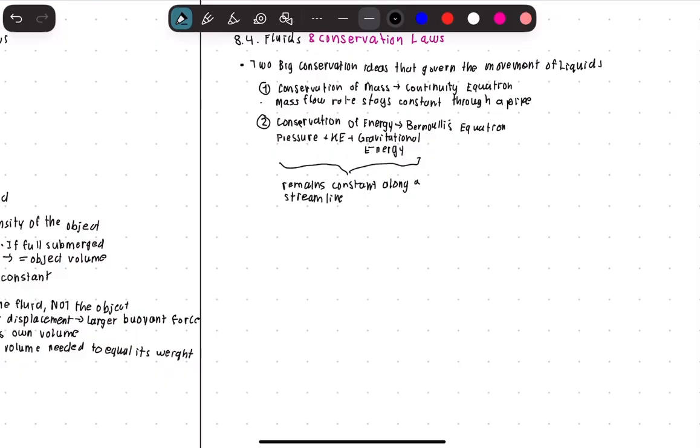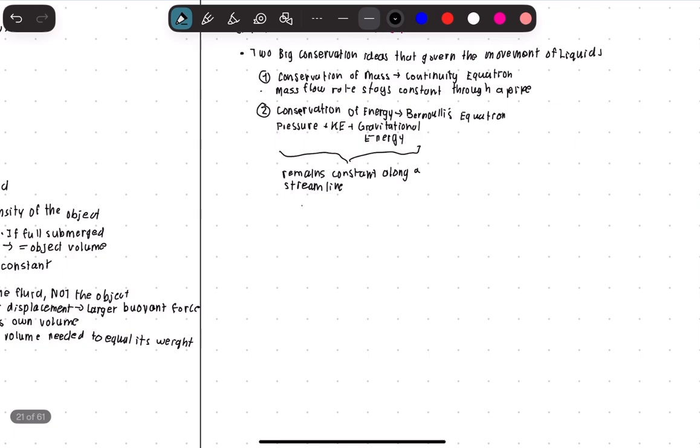So together, this all explains why water speeds up in narrow spaces and in narrow pipes.